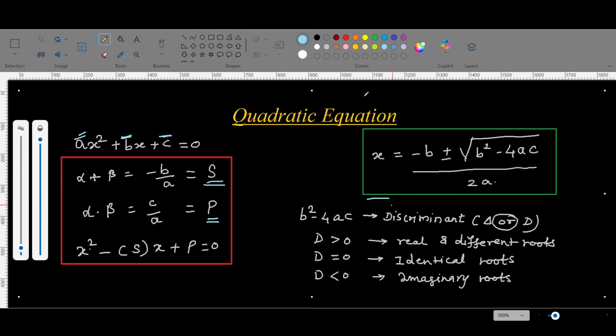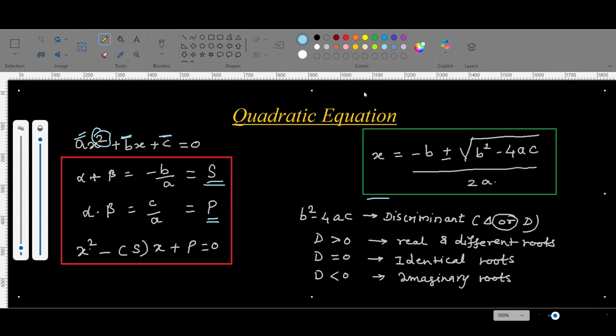of the quadratic. This discriminant is used to find the nature of the roots of the quadratic equation. Since it is a second degree equation having highest degree as 2, the quadratic will always have two roots. These can be different roots, these two can be identical, or the quadratic can have imaginary roots.